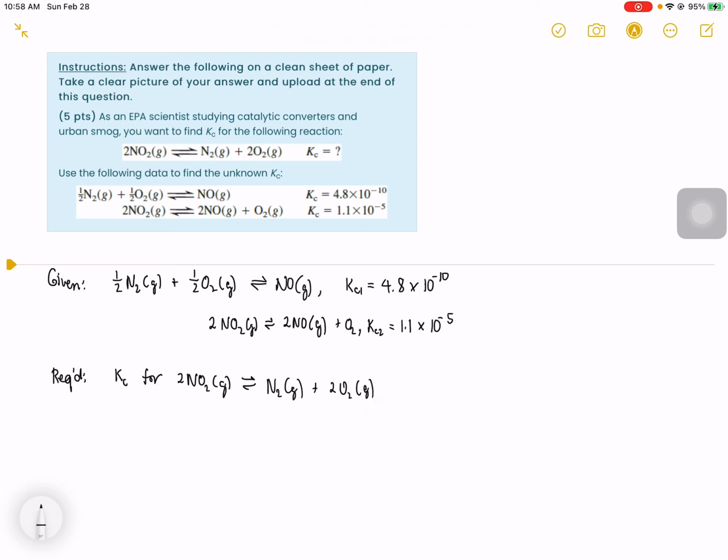So to solve for this one, let's try to see what algebraic manipulations we have to do in order to arrive at the equation being asked of us to find the K sub C.